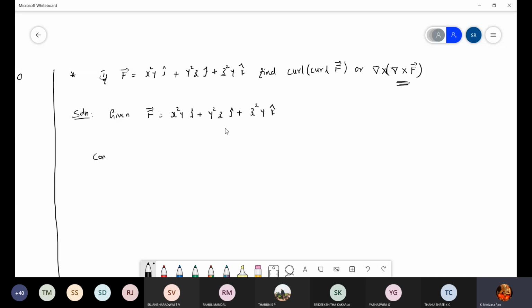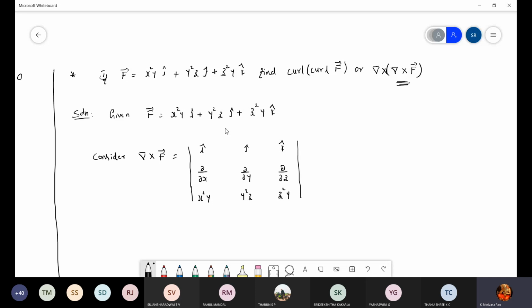So consider del cross f. Del cross f equals determinant i j k, dou by dou x, dou by dou y, dou by dou z, and x square y, y square z, z square y.